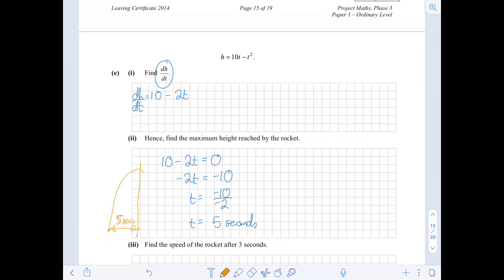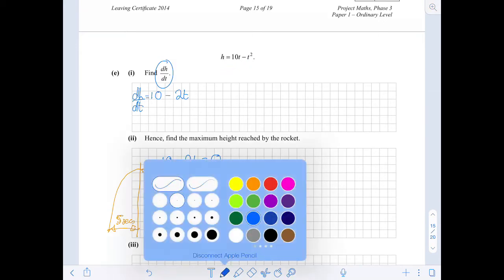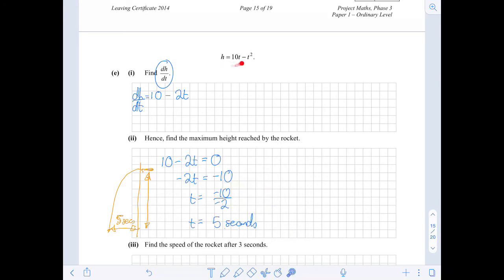But we're not interested in the time it takes to reach its maximum. We're interested in the actual height it attains. So if I know the time, and this thing here is a function for height, I can just put my time into this function. So I'm going to do that now. H is equal to 10 bracket 5 minus 5 squared.